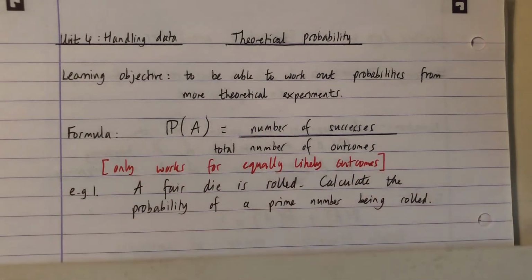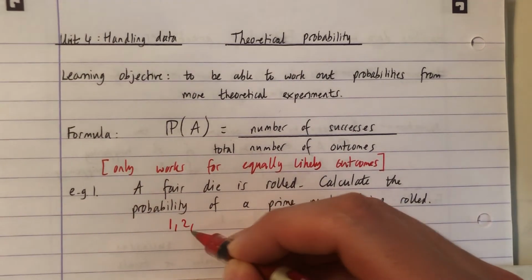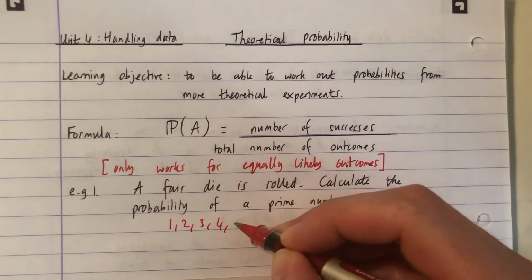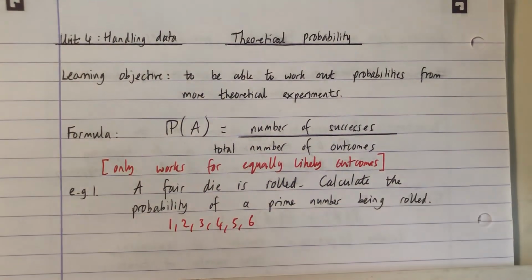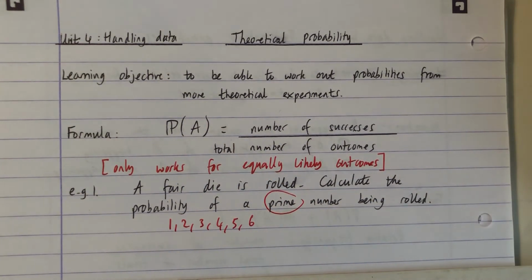Now example number 1 for today is, you've got a fair die, very classical question. So that is rolled. Calculate the probability of a prime number being rolled. So one thing you might want to do is state the outcomes. So a fair die, we assume, is numbered from 1 to 6. A prime number would be a number with exactly 2 factors.